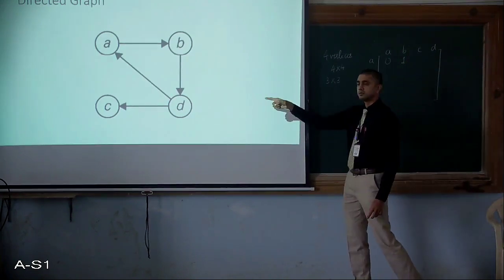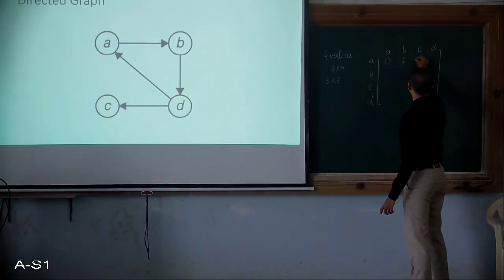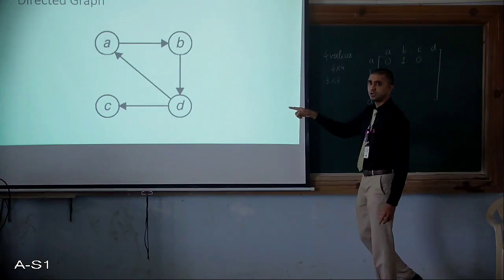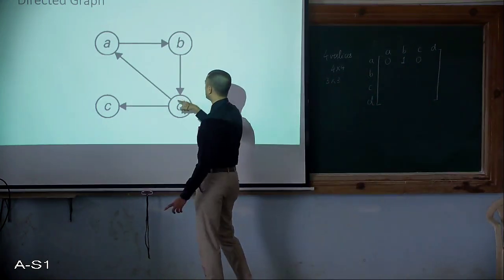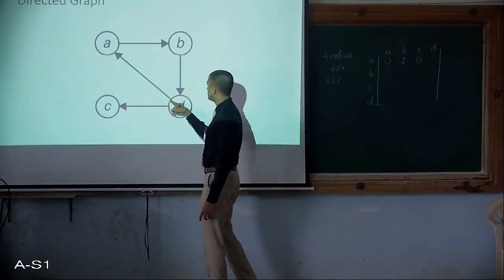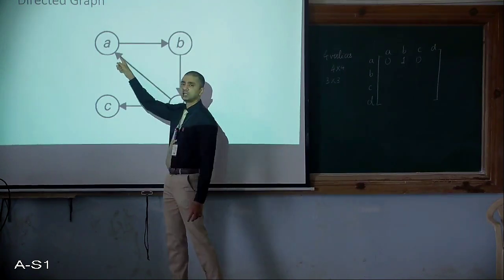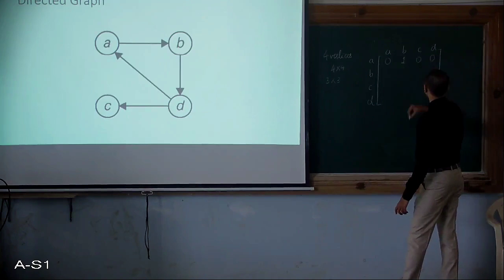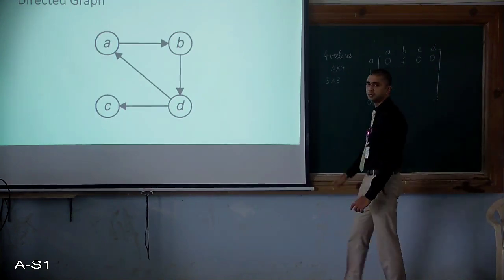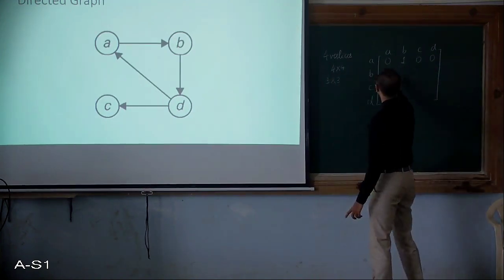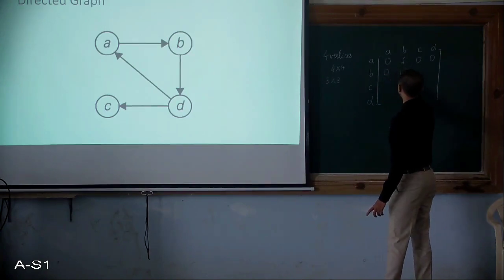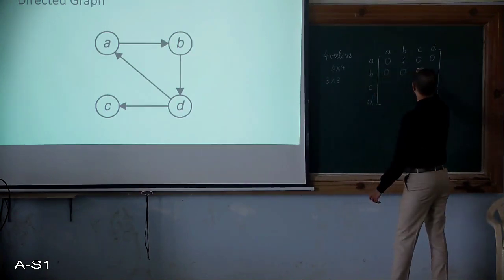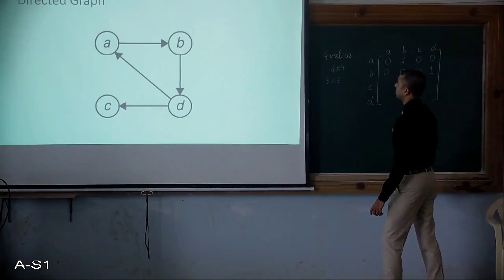From A to C, there is nothing, so it is 0. From A to D, I don't have a direct path. This direction is from D to A, not A to D, so it is 0. Similarly, for the remaining ones, B to A is 0, B to B is 0, B to C is 0, B to D is 1.